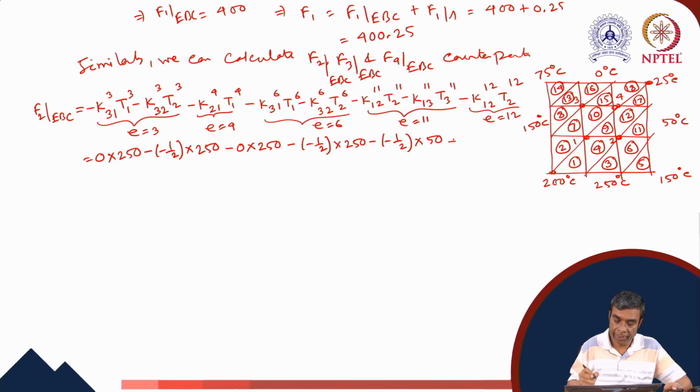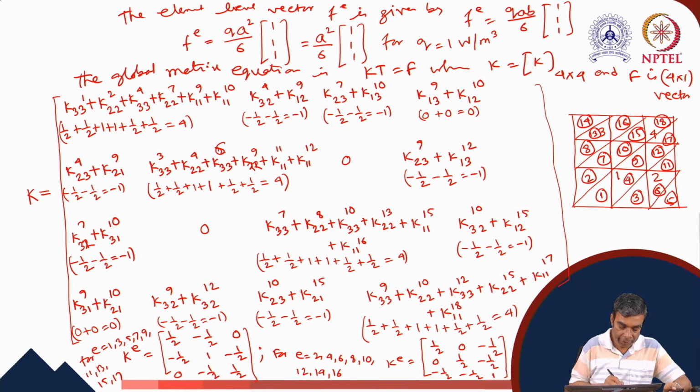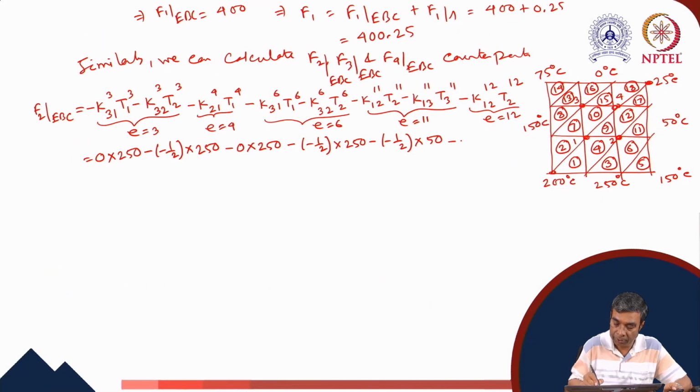Minus K1211. K1211 is minus half, so this is minus half into T211, and T211 is 50.